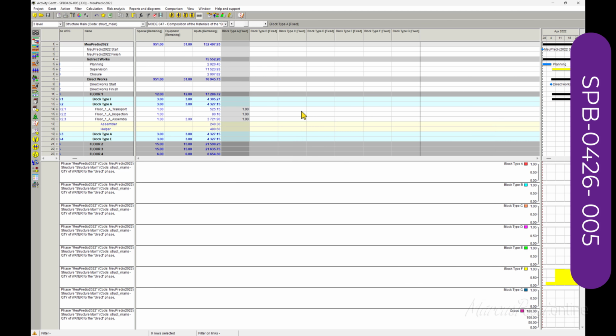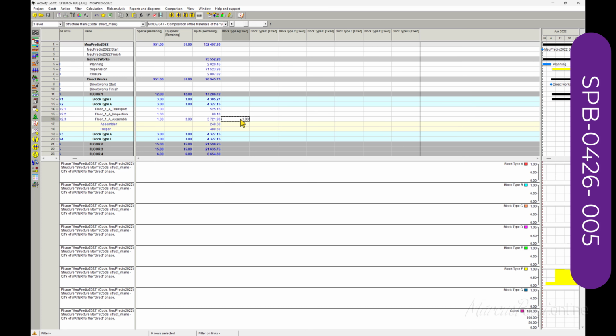Fixes. You assemble 1 block. So the block must be assigned to the assembly activity. Of course, you transport the block and you inspect the block, but when you assign a block for buying blocks, you have to buy just 1 block.